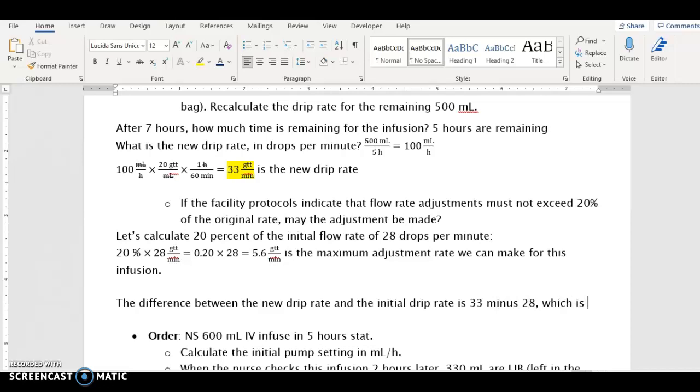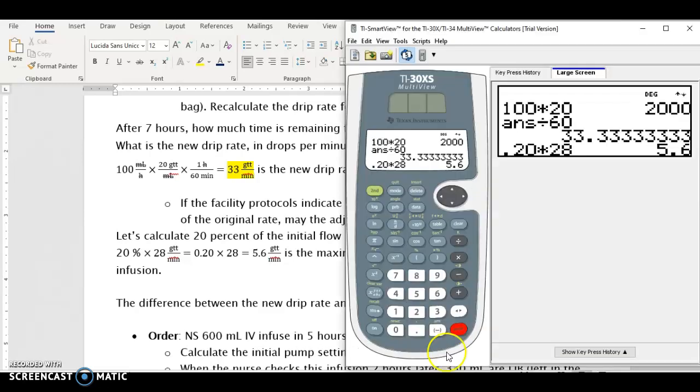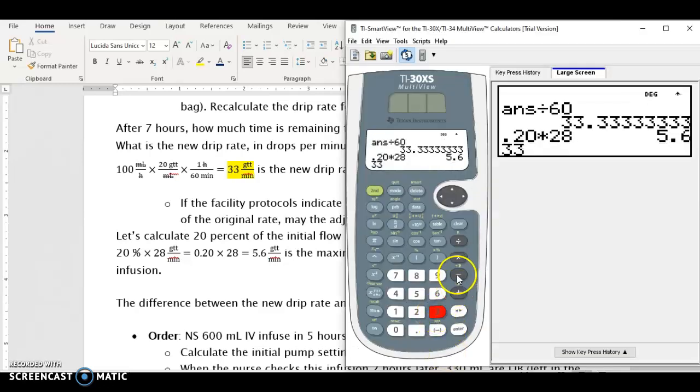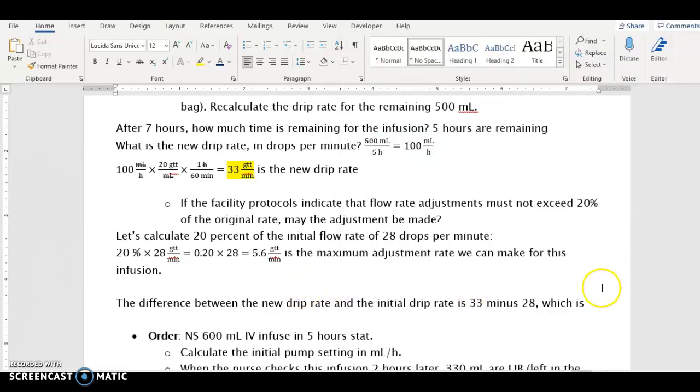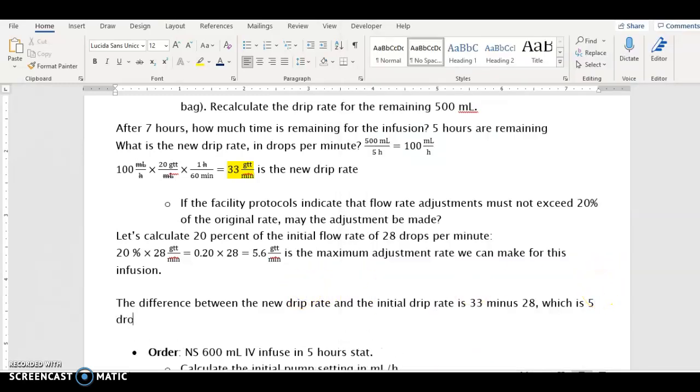You can do a quick mental calculation or put that in your calculator to be on the safe side. So 33 minus 28 is equal to 5, which is 5 drops per minute.